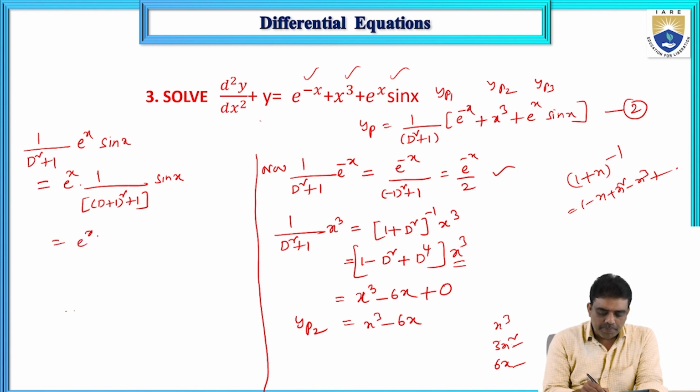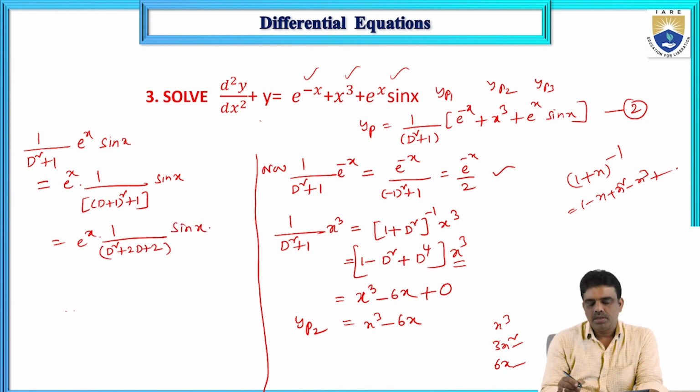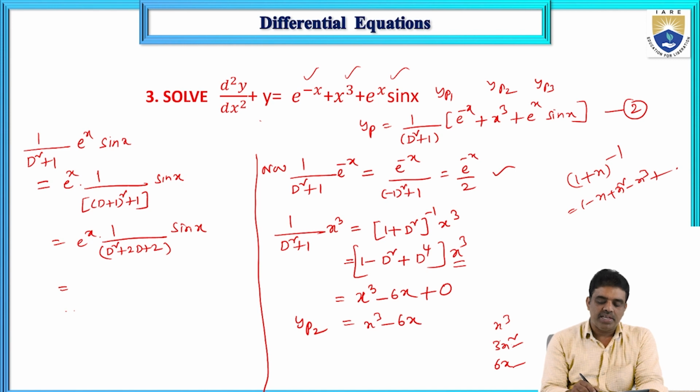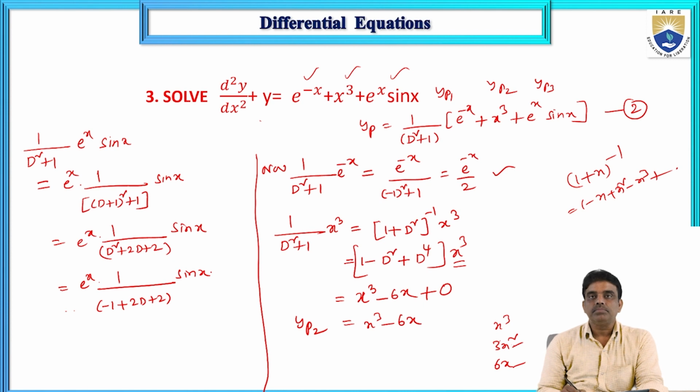Then what we will get: e power x into 1 by D square plus 2D plus 1 plus 1, that is plus 2, of sin x. Am I right? Now we have to apply model number 2, 1 by f of D square of V of x. So replace D square by minus 1 square, that is minus 1 plus 2D plus 2 of sin x.